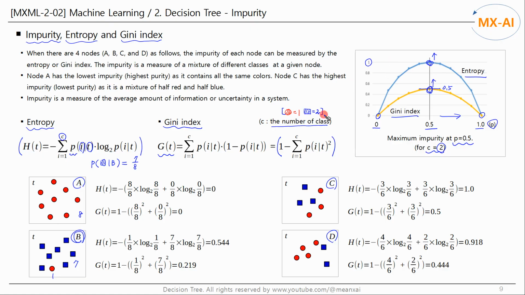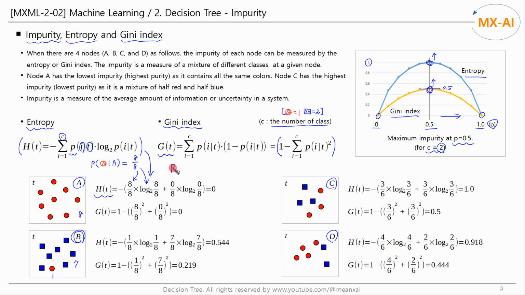Now, let's calculate the entropy and Gini index of each node. First, let's calculate the entropy of node A. Entropy is calculated using this formula. The probability that I is red in this node is 8/8. The log value of this probability is as follows.